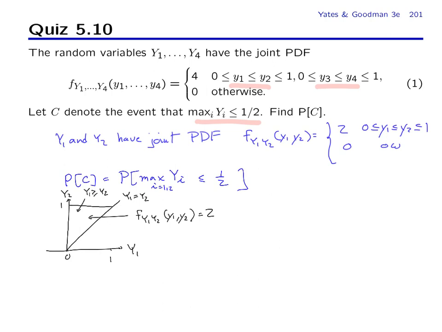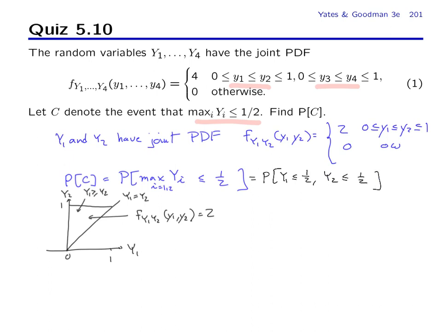The next step is to recall that the maximum of two random variables is less than something if and only if each of the random variables is less than that something. In this context, the probability the max is less than or equal to a half is the same as the probability that y1 is less than or equal to a half and y2 is less than or equal to a half.